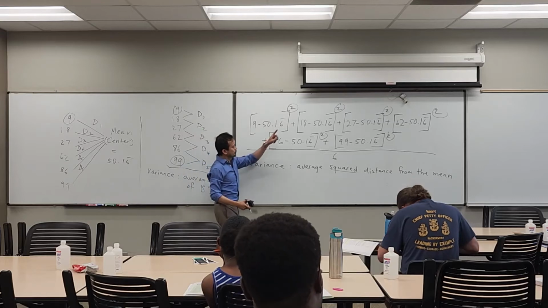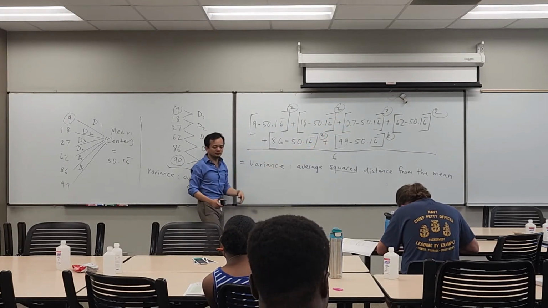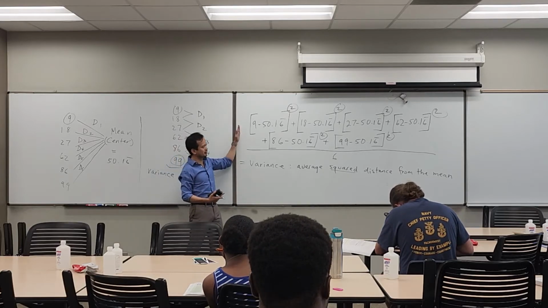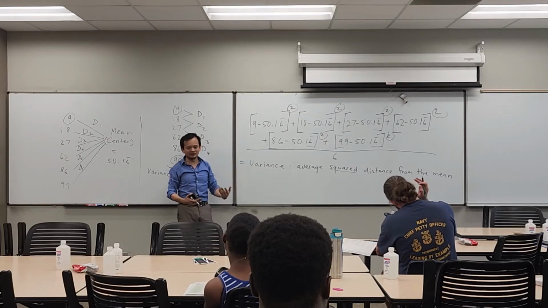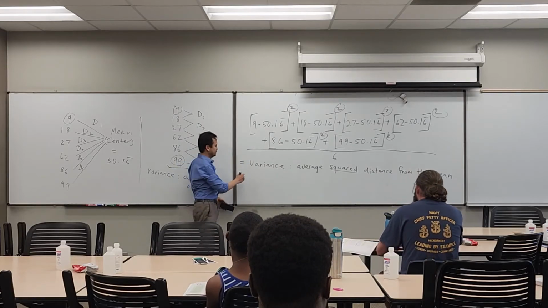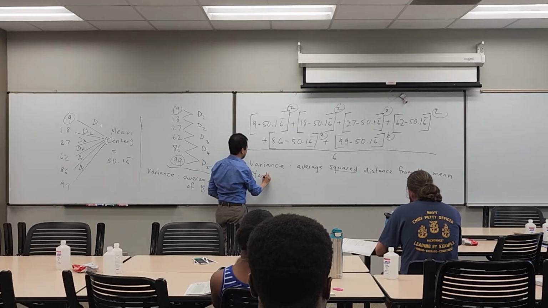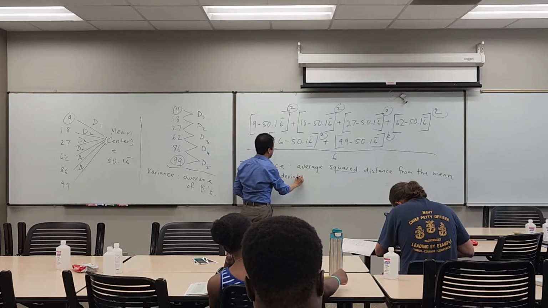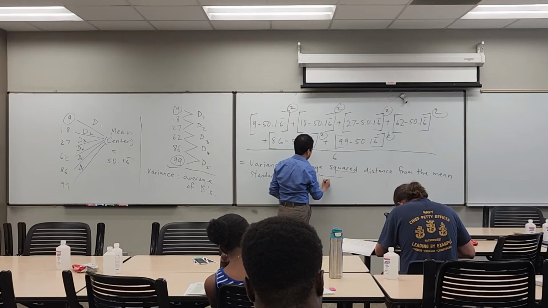So because we introduced all these squaring operations term by term, in order to offset that, what we end up doing then is taking the square root of the whole thing and calling it a new measurement, and we call it the standard deviation. So the standard deviation is actually the square root of the variance.